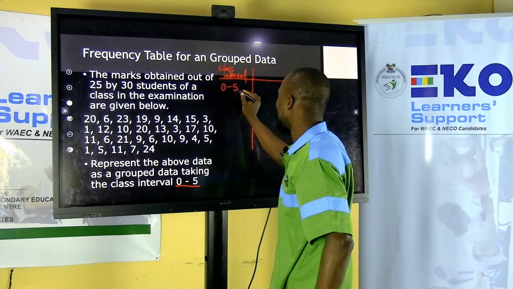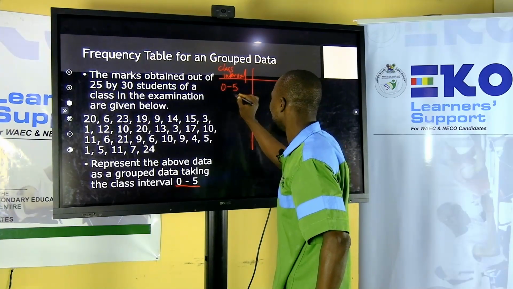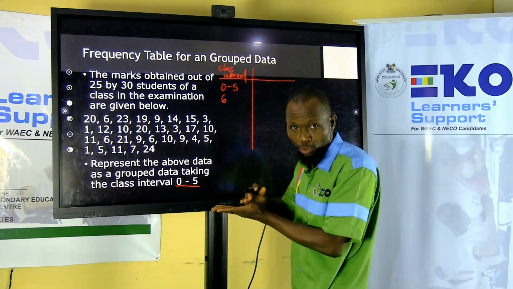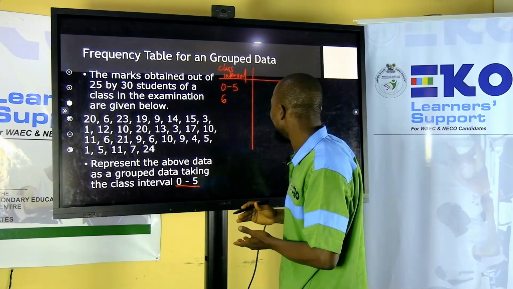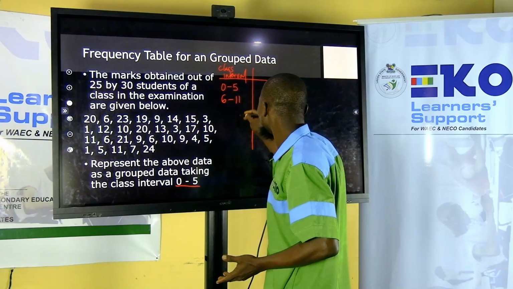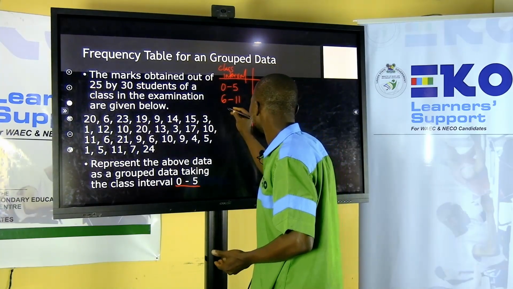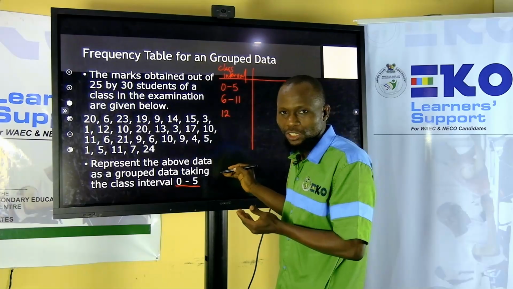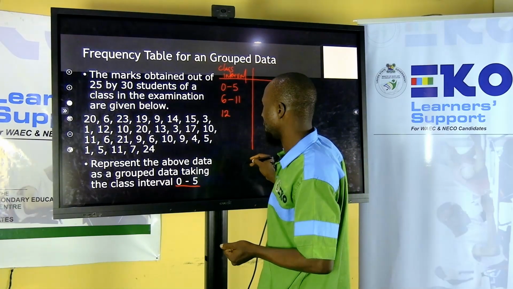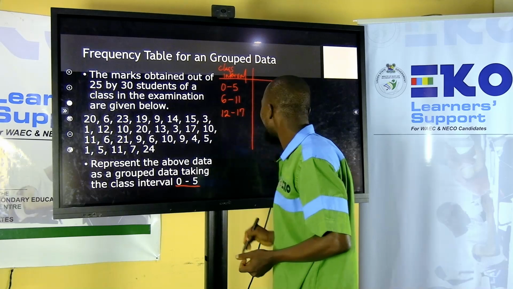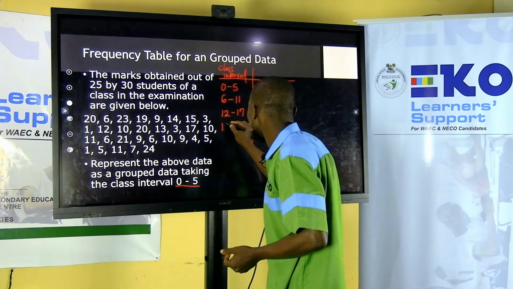So the next number will be the next number after 5, which is 6. Add 5 to it because we need to have equal interval. So add 5 to this, it will give you 11. After 11, the next one is 12. Add 5 to it, we have 17. After that, the next number is 18.